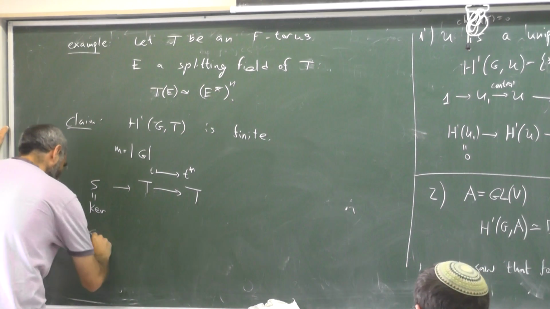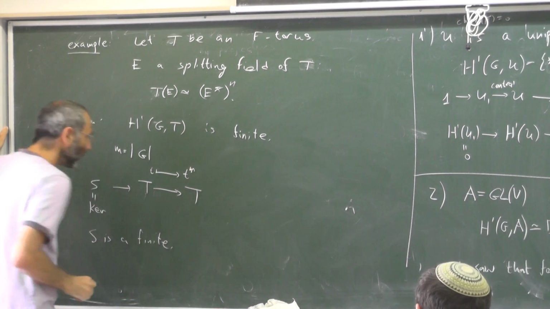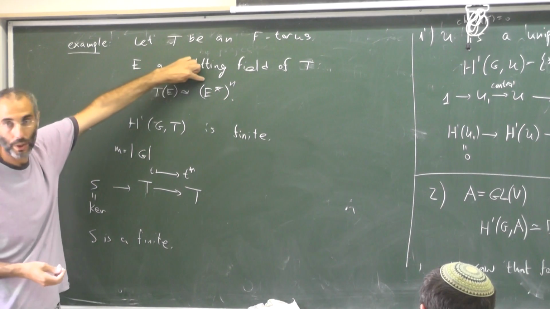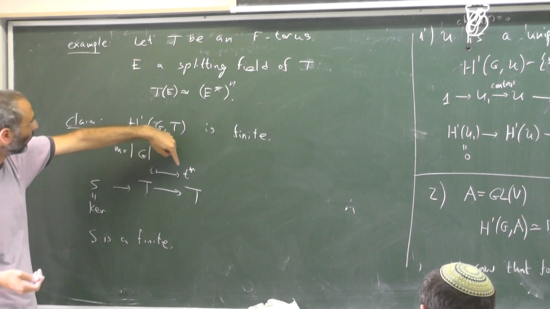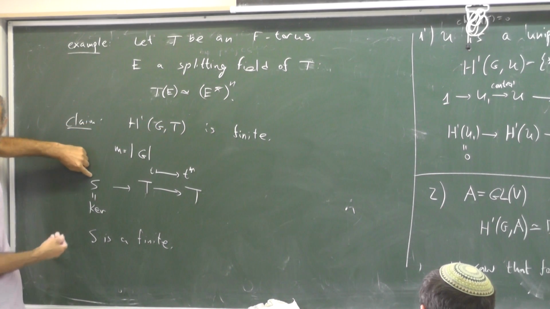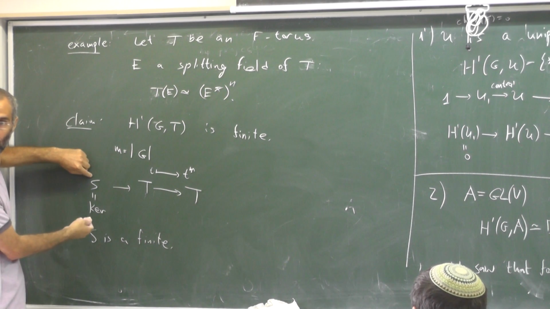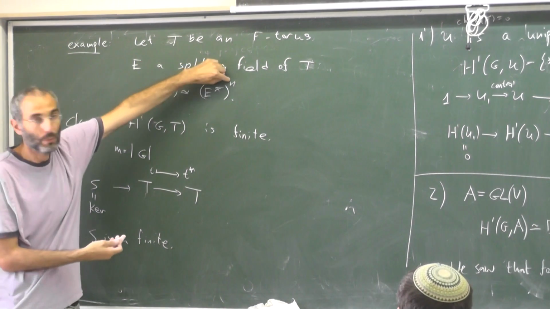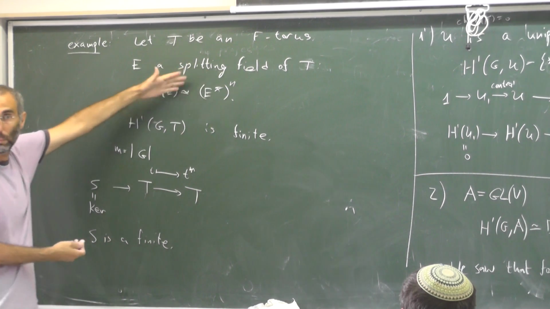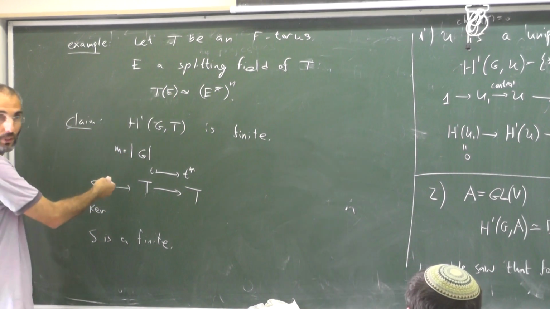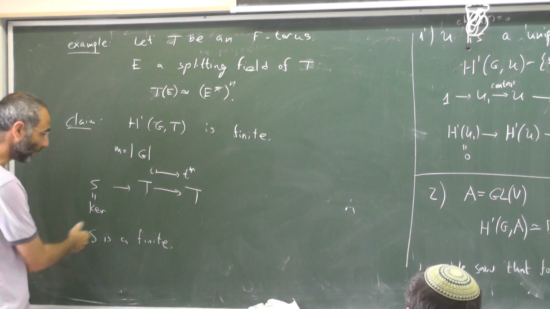So S is finite. After extending to E, on each component, if I'm taking the M-th power in E star, then S will become the group of roots of unity of order M. So this is something finite. It will be the M-th power of it after extending to E, and of course it will be some subgroup of that one if I'm looking only at the F points. In any case, this is a finite group.